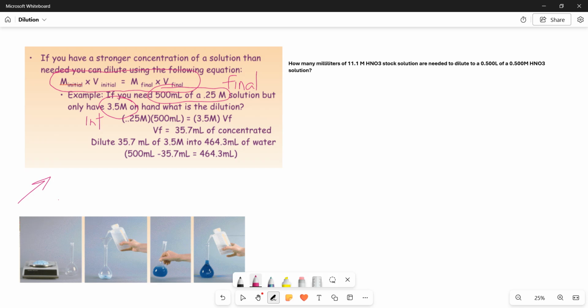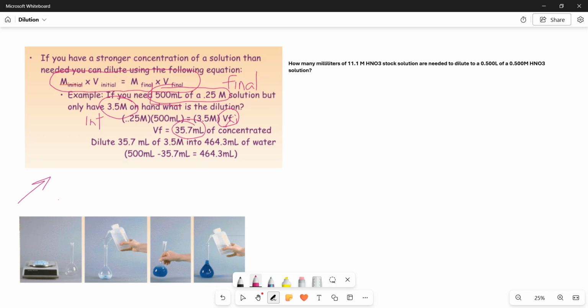So you can see here I have 0.25 molar times the 500 milliliters equals 3.5 molar, and I don't know, this should be initial, sorry, this should be initial. I don't know my initial volume.